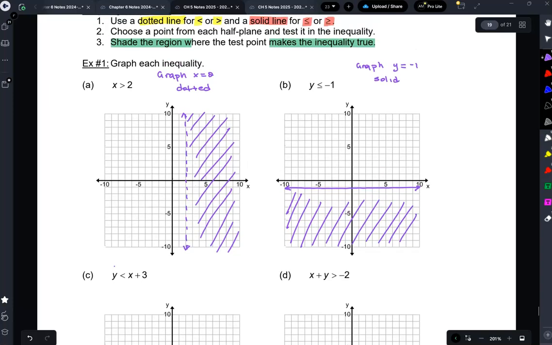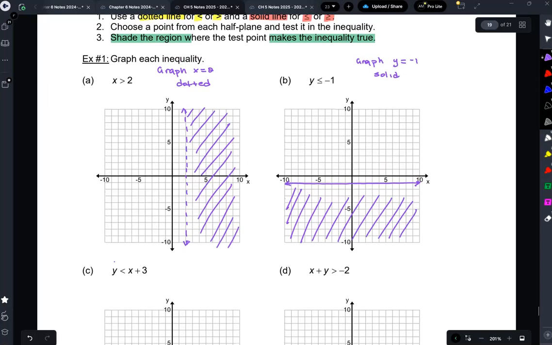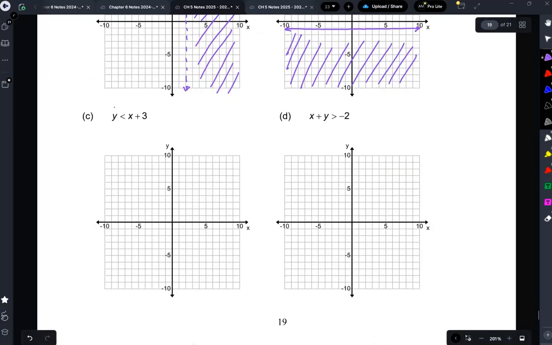So next, now, these two had just one variable. Only x in the first one, only y in the second one. So we had either a horizontal or a vertical line. This one here has two variables, a y and an x. So here we're going to get a diagonal line. Now, here we're going to graph y equals x plus 3, right?